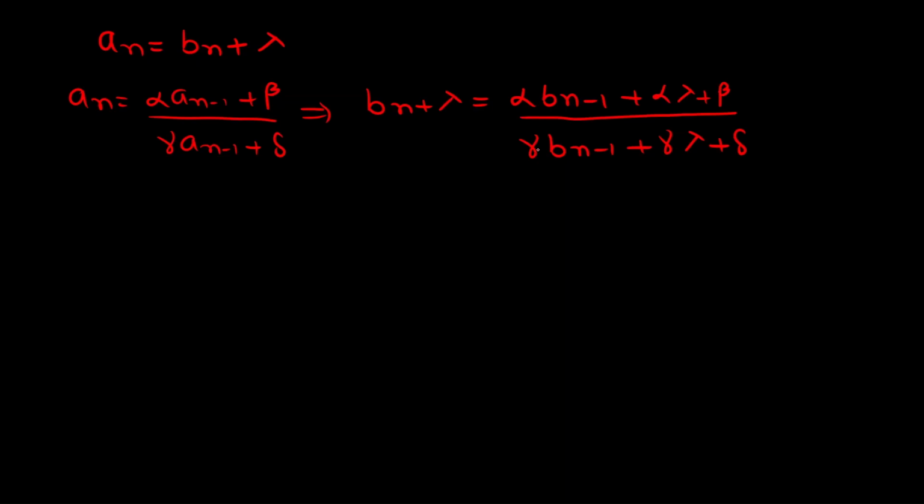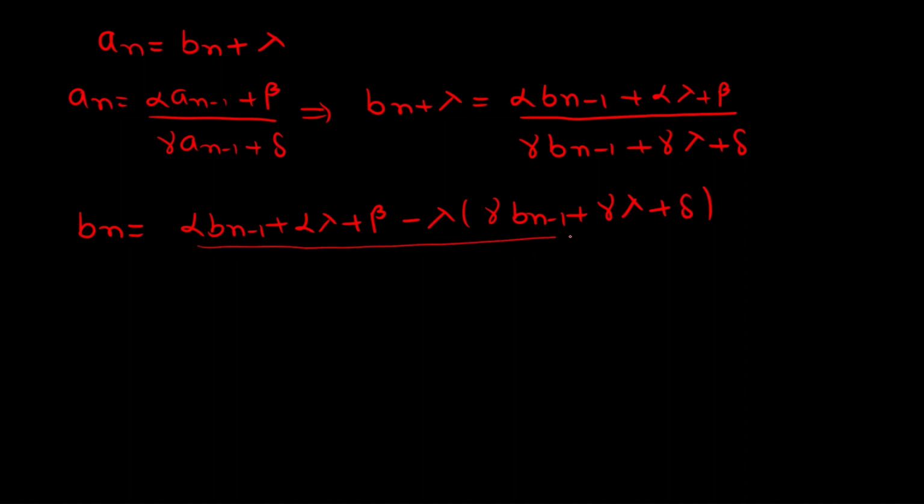Now I'll take this lambda to the other side and take LCM. I'll get b_n is equal to alpha b_(n-1) plus alpha lambda plus beta, minus lambda times (gamma b_(n-1) plus gamma lambda plus delta), divided by the denominator, gamma b_(n-1) plus gamma lambda plus delta.